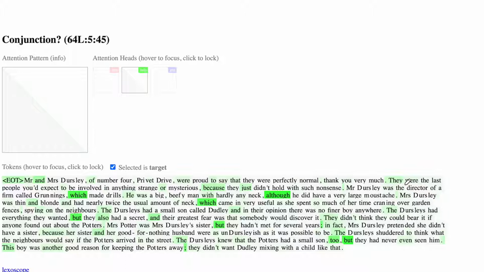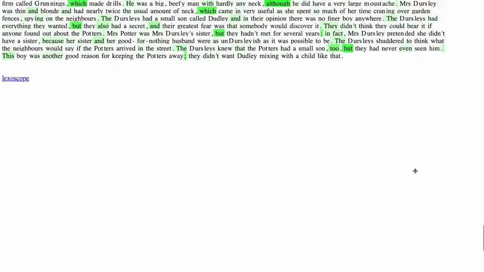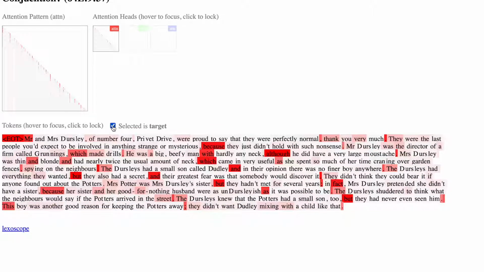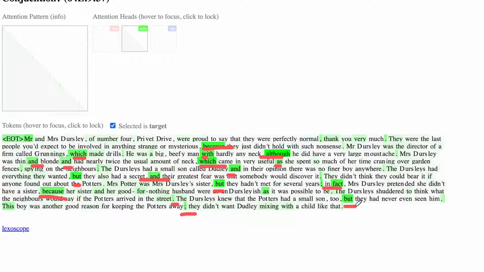And you could imagine that conjunctions are linking clauses, and in cases where there isn't one between two clauses, maybe you attend to the first token or the period, and it's very faint, and so you aren't moving that much information from them. And here's another one doing something similar: because, with, which, although, as, and, but, and, which, and, but, and, because, period, semicolon, in fact, but. Those are all conjunctions.